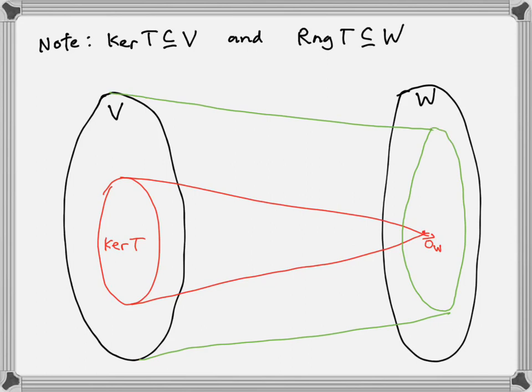So this region over here is the range of T. This is a visual representation of what the kernel of T and the range of T look like.